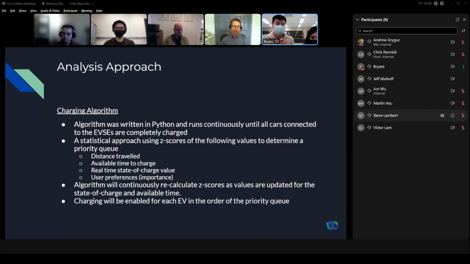The z-scores will be computed for the distance traveled, the available time left to charge each car, the real-time state of charge value for each car, and the user preferences, what we call importance, in terms of where the vehicle ranks amongst a group of cars. All of these values are normalized through the z-score approach, and then re-added to get the final priority queue number for each vehicle. And then we'll use that to prioritize which cars will be charged first.